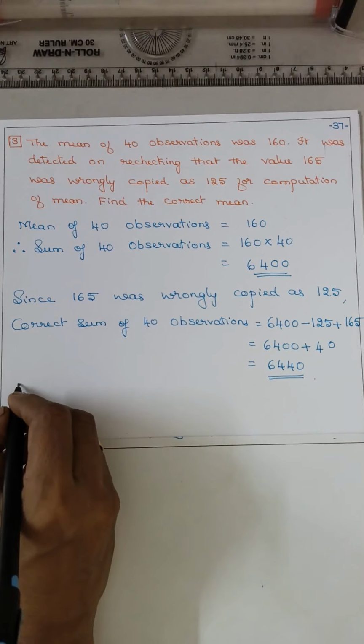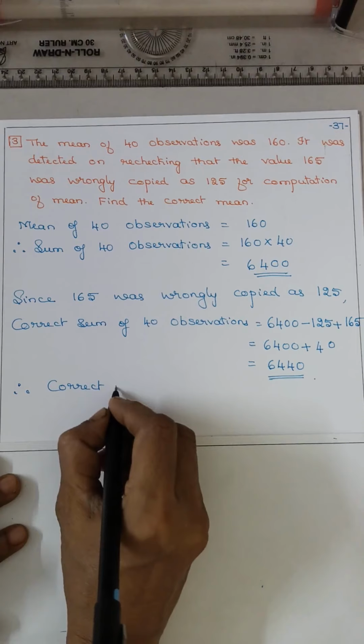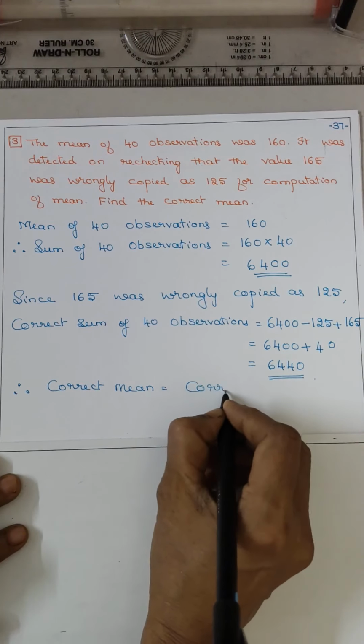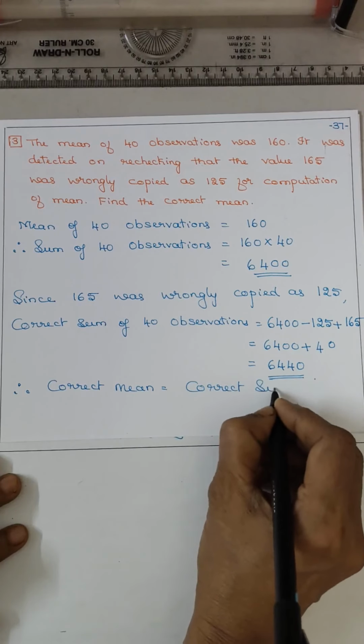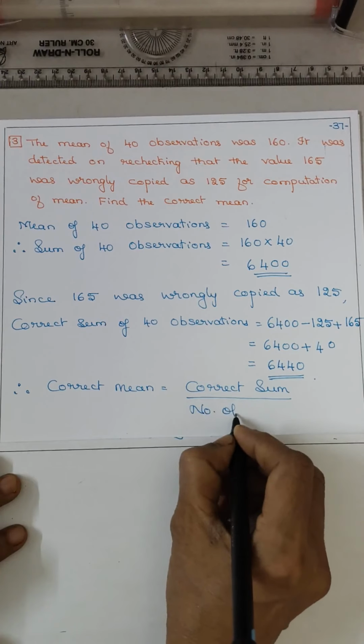Now the correct mean is equal to correct sum upon number of observations.